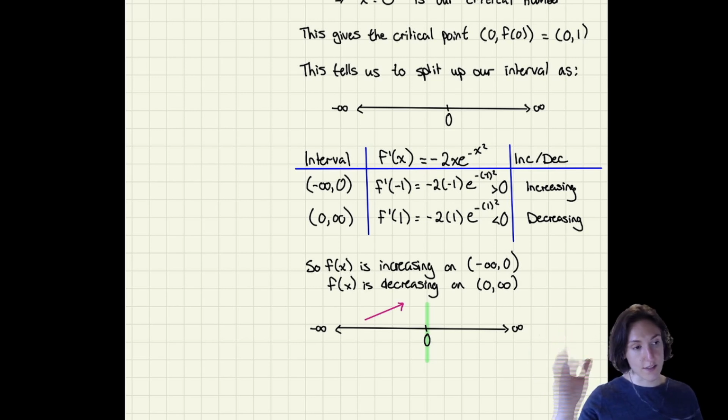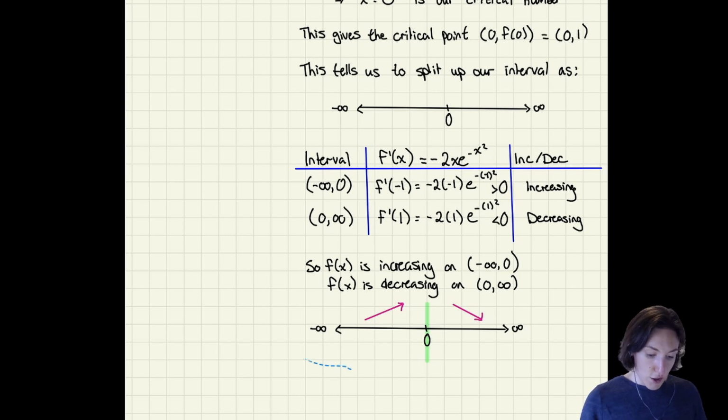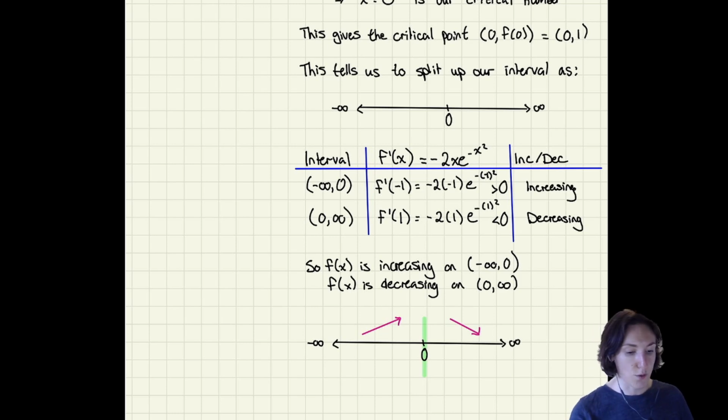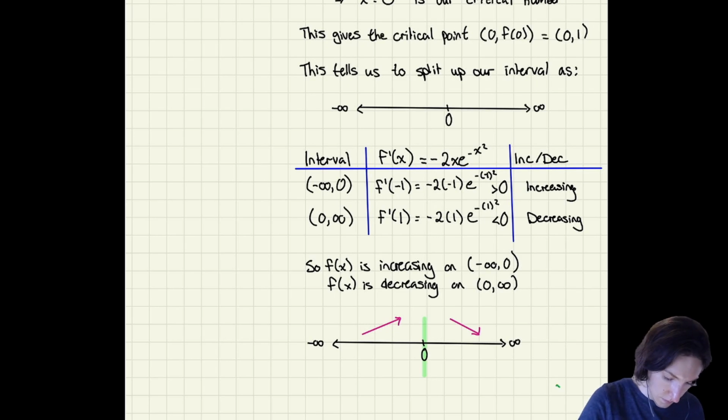Okay, and then in the second interval from 0 to infinity, I have that my function is going down. So let me move that down a bit. So by the first derivative test, what kind of extrema does that make 0? Relative max.